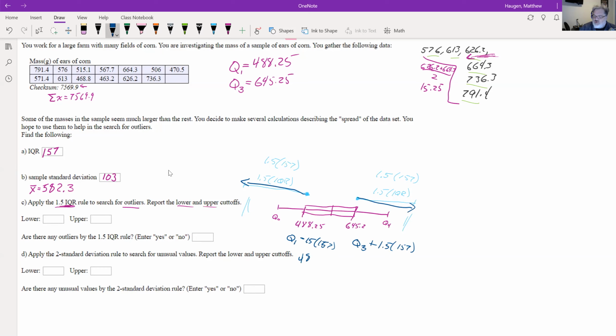So 488.25 minus whatever 1.5 times 157 is.